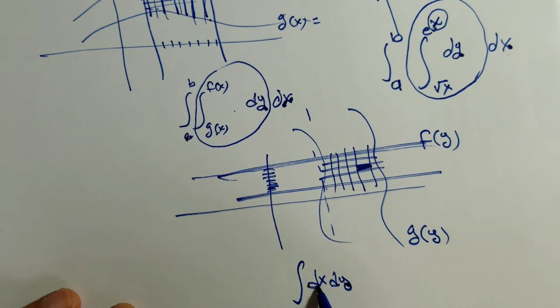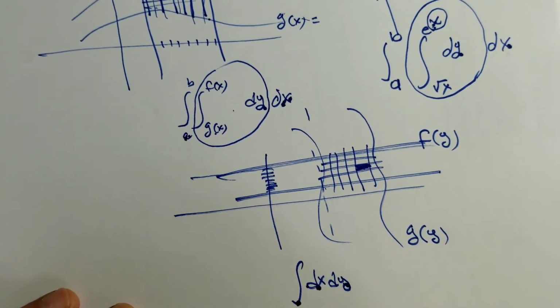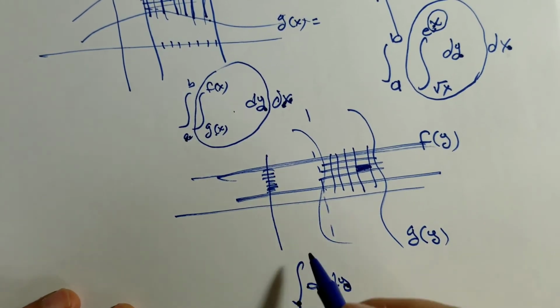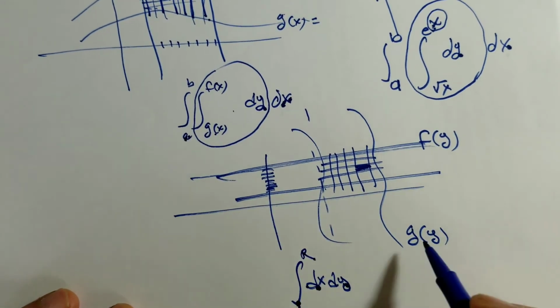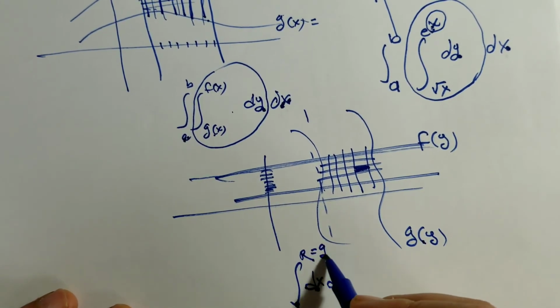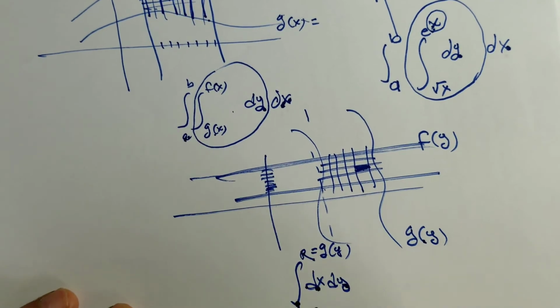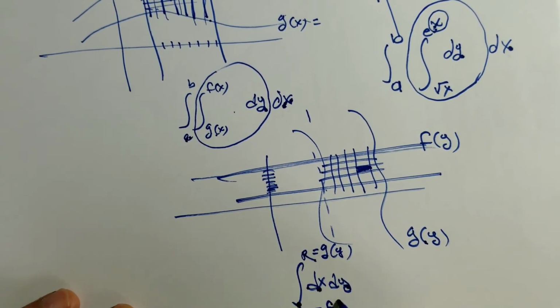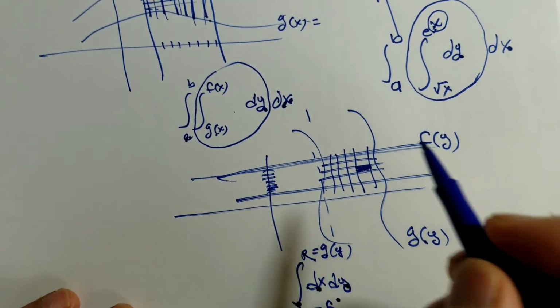But in here, your inside is x, and the outside, the lower limit and upper limit, has to be a function of y. And how do you do that? Here you have to say a left and a right. What is your right? g of y. What is your left? f of y. Here I made a mistake.